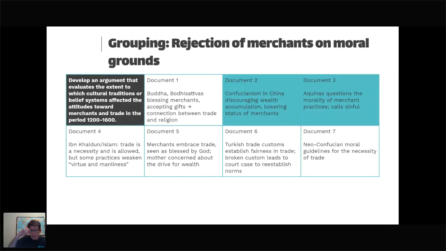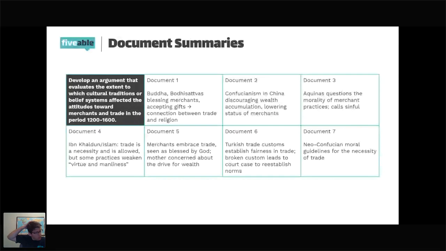Document 4 is from a Muslim scholar, Ibn Khaldun, very famous medieval Muslim historian. And in this document, we have almost a middle ground. This idea that trade is a necessity that is allowed, and certainly we might want to think about the context of the development of Islam and the importance of trade in Muslim communities.